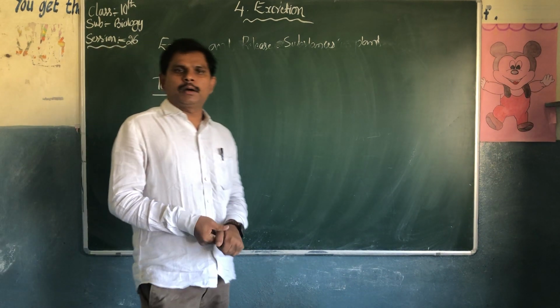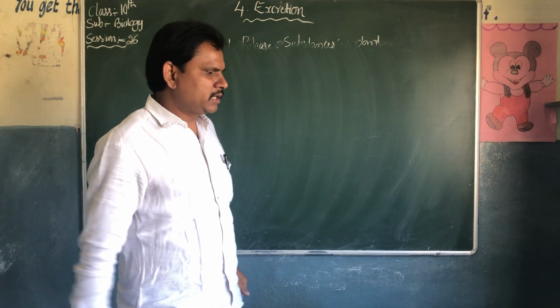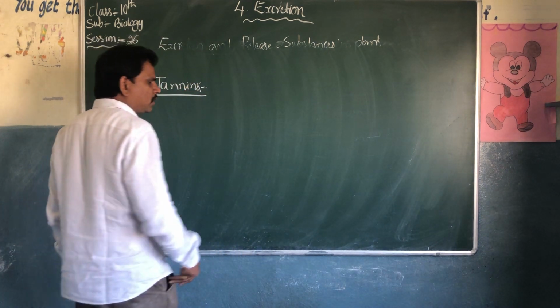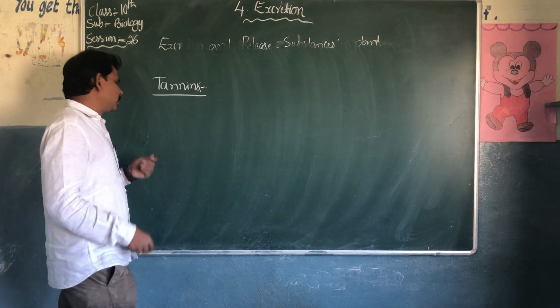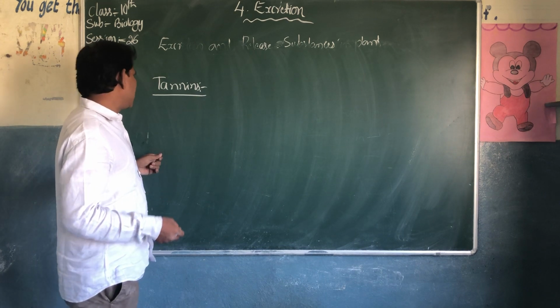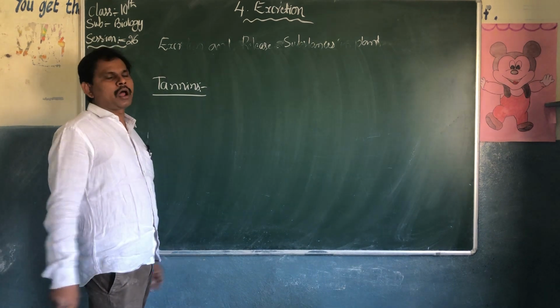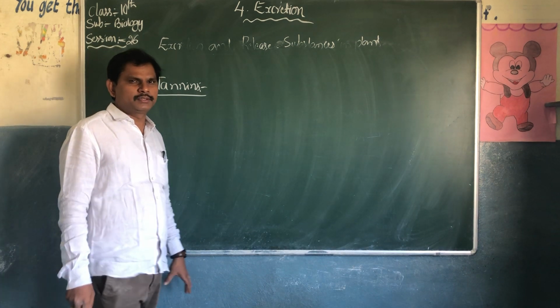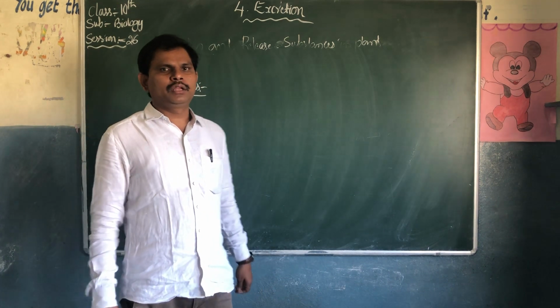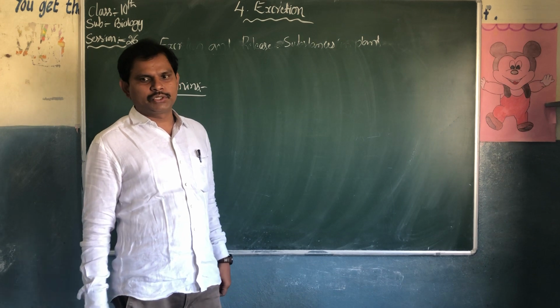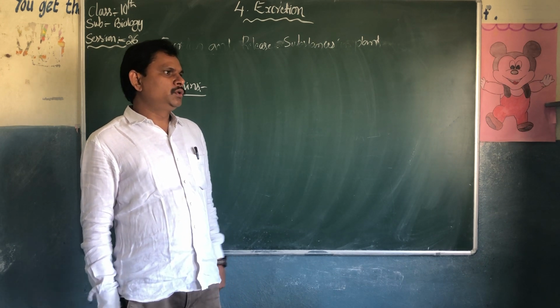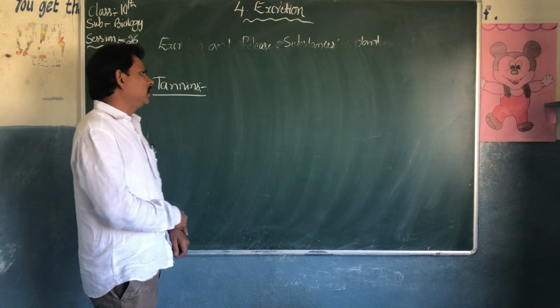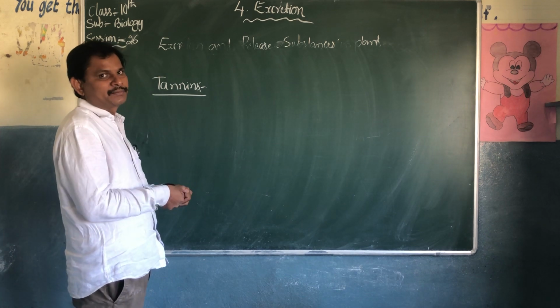Tannins are carbon compounds. They are deep brown in color. They are used in leather factories.